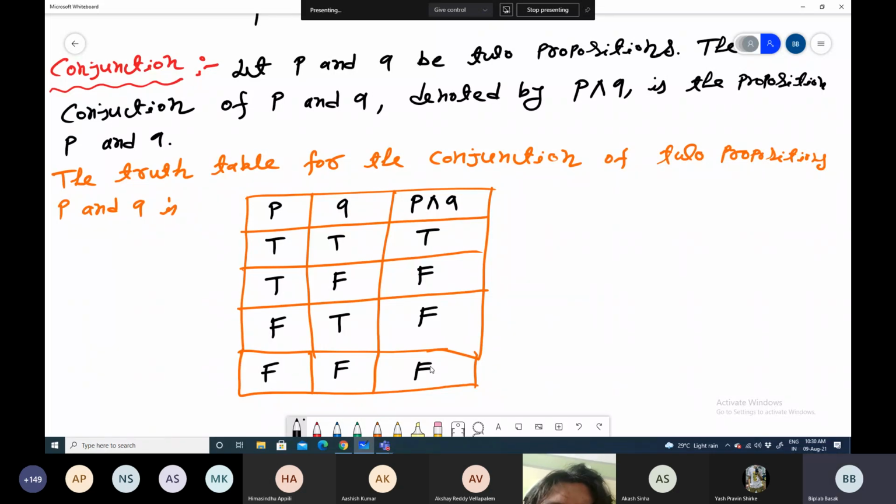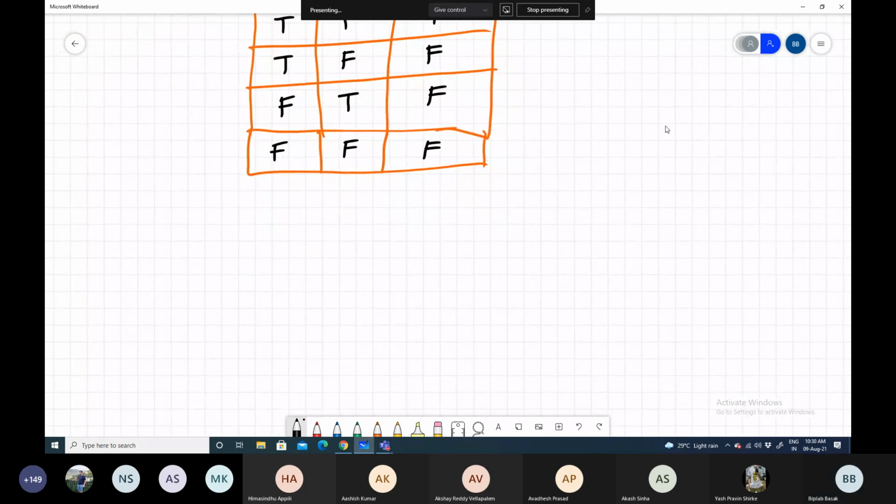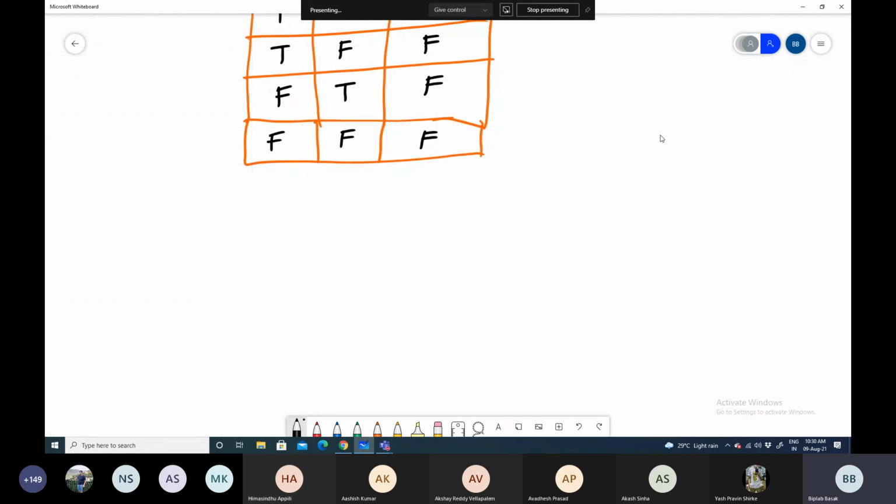Now similarly, you can make the truth table for the disjunction as well. Now what is disjunction? We will have another operation, that is OR, P or Q, and in terms of logic language, we call it disjunction. So let P and Q be two propositions.